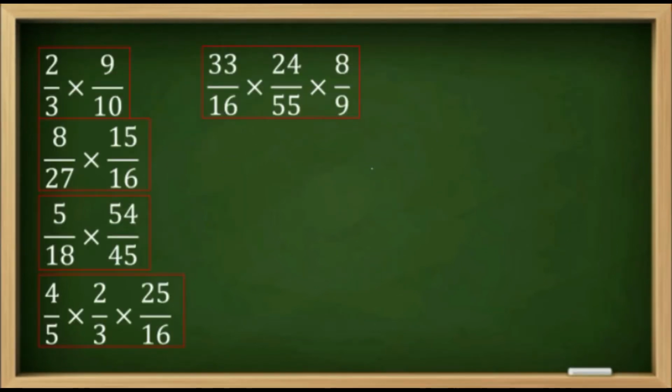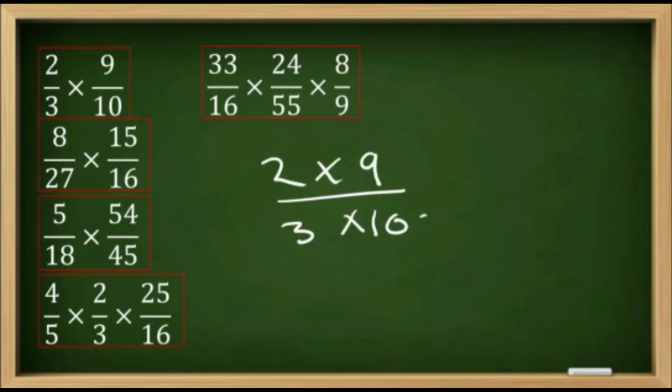Here I have some problems which we are going to practice to get familiar with this topic. The first problem is 2 by 3 into 9 by 10, and as I told, we are going to write it in this way. Now I can see there is a chance of simplification. 3 and 9 can be simplified, 2 and 10 can be simplified.